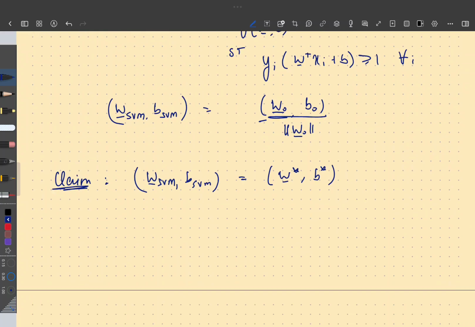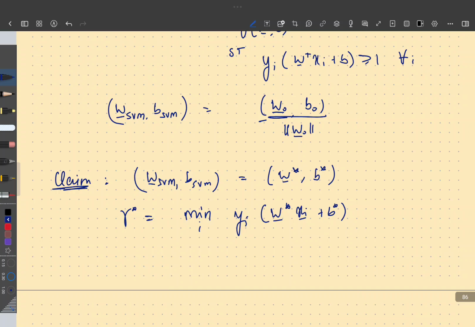Okay, so now let's define gamma star to be equal to min over i of yi times w star xi plus b star. This is basically the margin that is achieved by w star, b star.